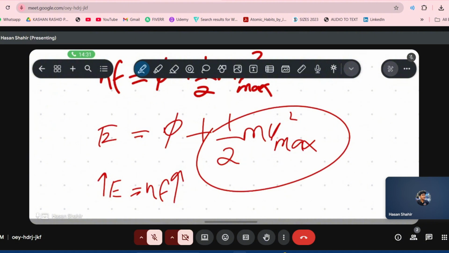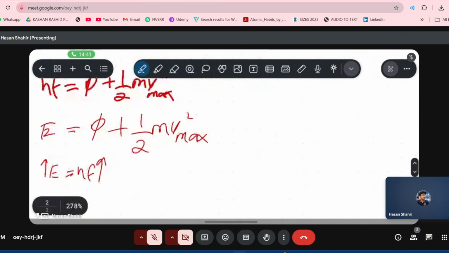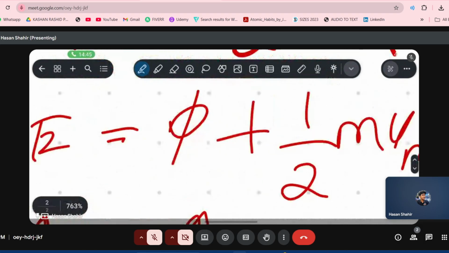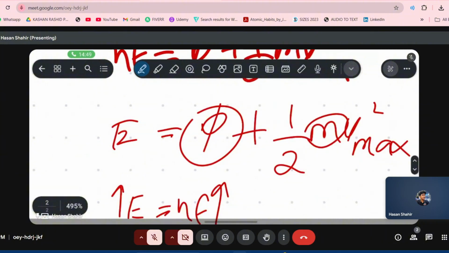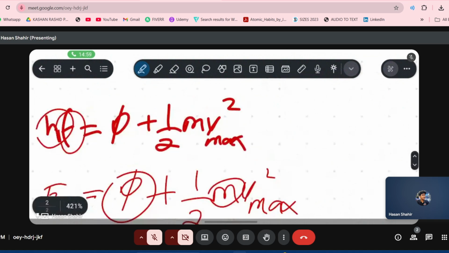What this is basically telling us is that the frequency of the electromagnetic radiation is the main factor for the energy of the electrons. And this is constant over here. The mass is going to be constant, velocity is going to increase, obviously, and the frequency is going to be increasing, where h is our Planck's constant. So these are the variable factors over here.